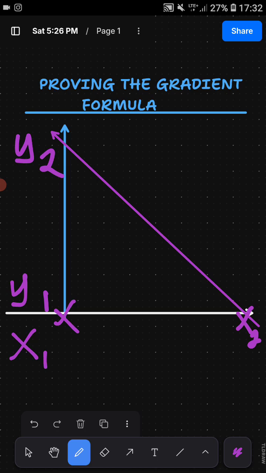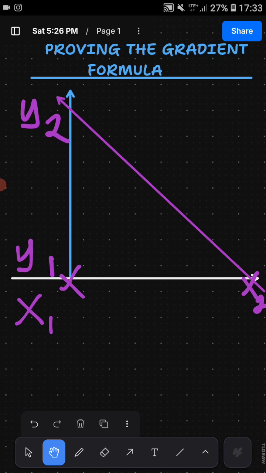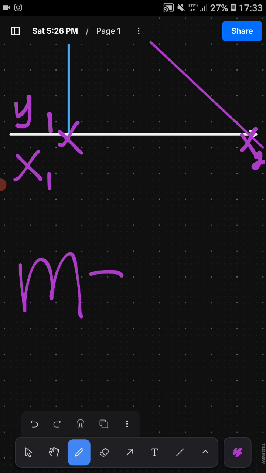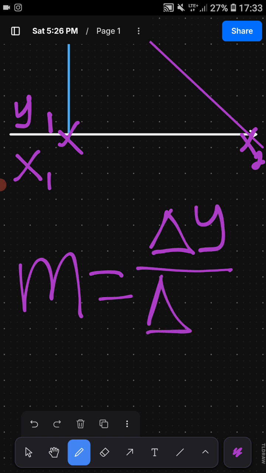Is that okay? Now we are going to prove that the gradient of this straight line, given by m, is equal to the change in the vertical side on the change in the x side.